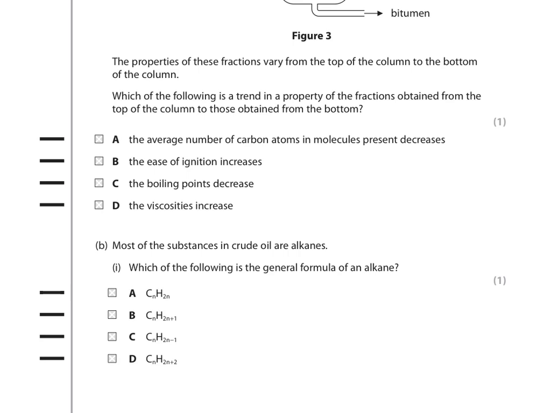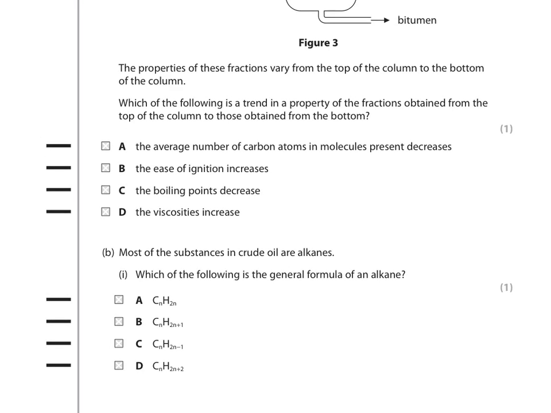The boiling points decrease while they don't. They increase as you go down. So the answer's got to be D. The viscosities increase. The viscosity is how thick the substances are, and yes, bitumen, which is used for tarmac, is a very thick substance, so they get thicker as you go down the column.